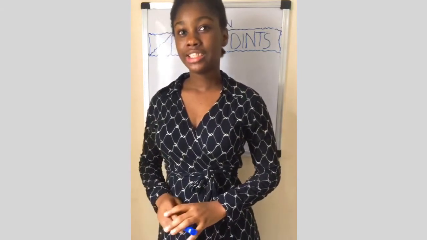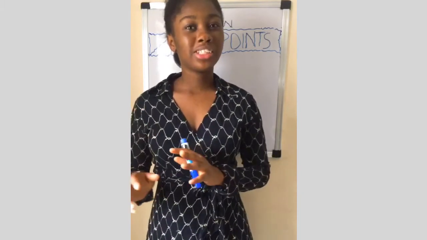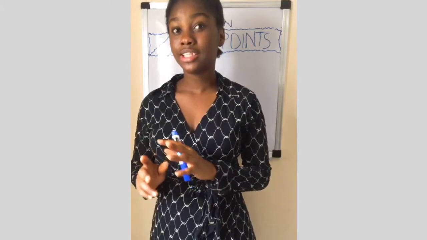Number one thing you should know is that when a body starts from rest, initial velocity is equal to 0. So if you're given a question and you hear something like a body starts from rest, just know that initial velocity is 0.